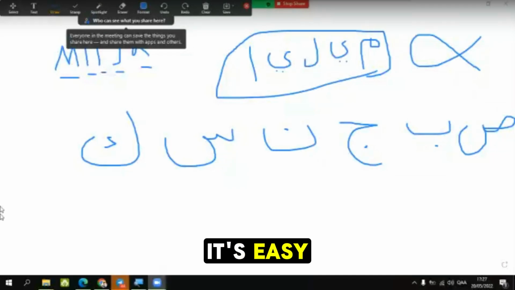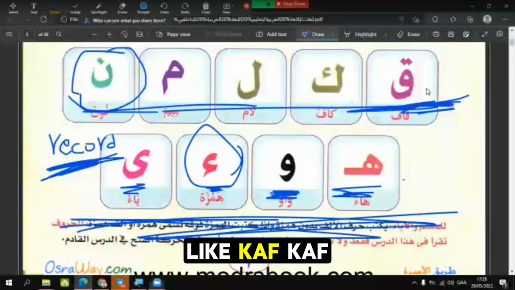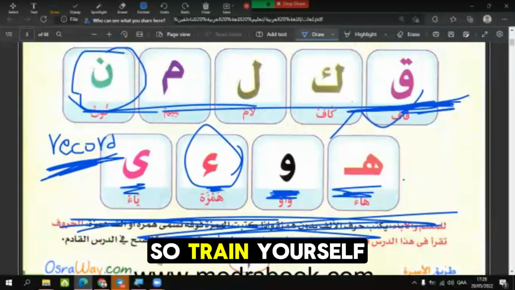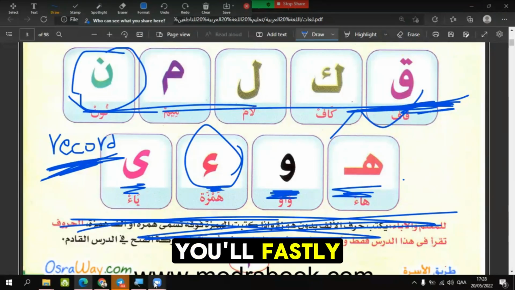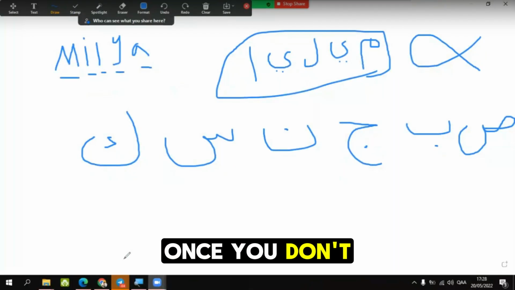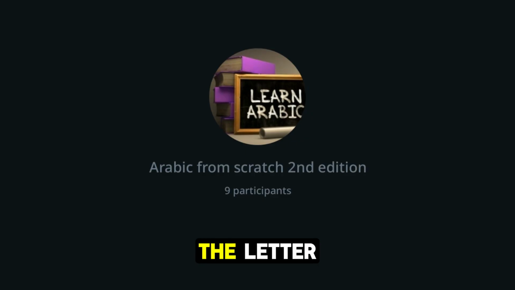It's easier to know the letter when you read them after each other, like qaf, kaf, lam, mim, nun, but it's harder when I ask what is that one. So train yourself to say it before me. Once you succeed, once you don't, till you master it and can instantly remember the letter.